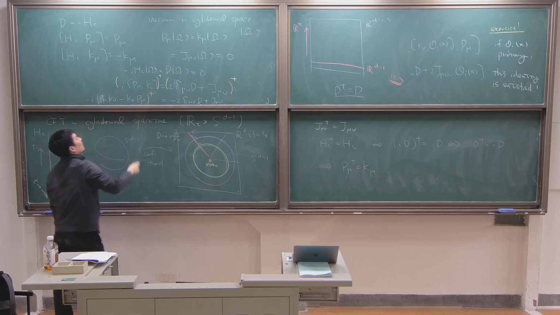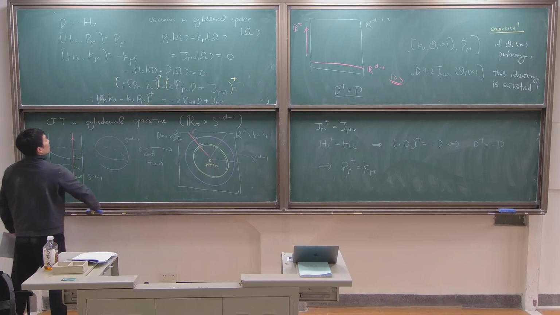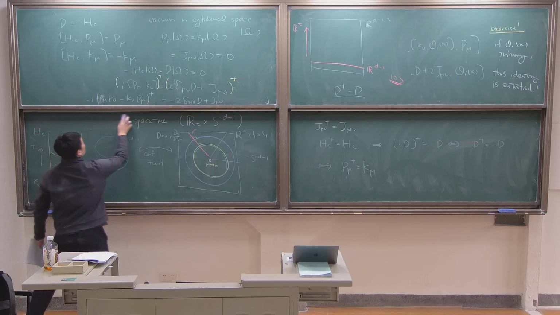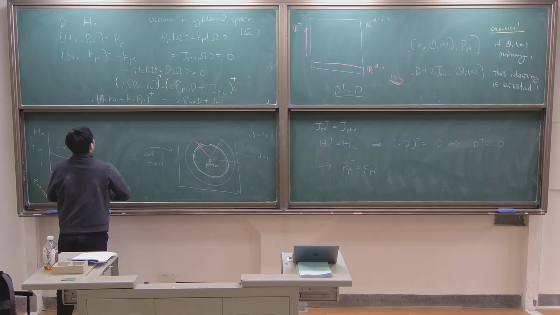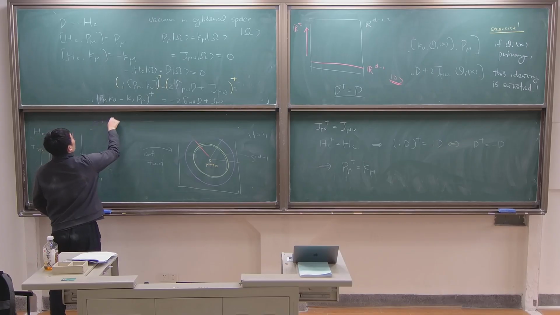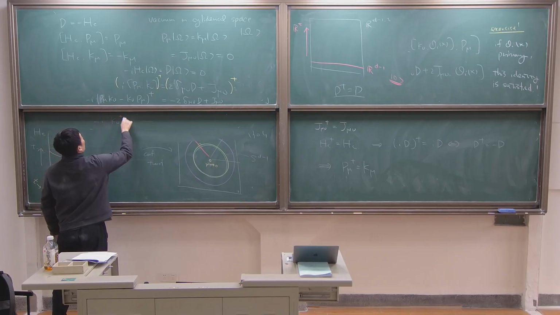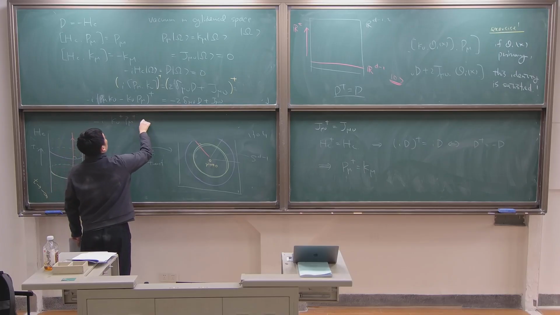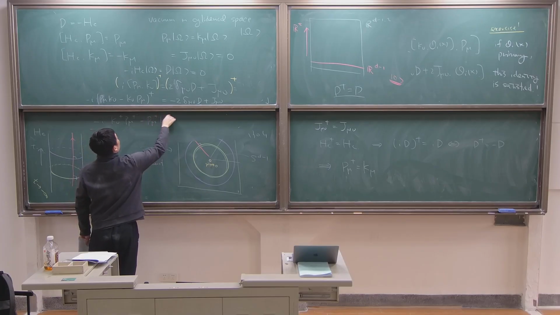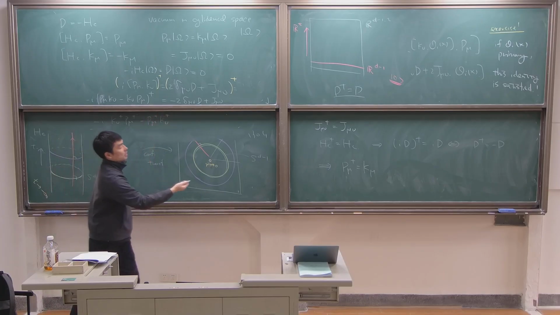Okay, dagger, right? And dagger will exchange the commutation relation. So this one is equal to minus i, K mu dagger, P mu dagger, minus P mu dagger, K mu dagger, and we impose this one.